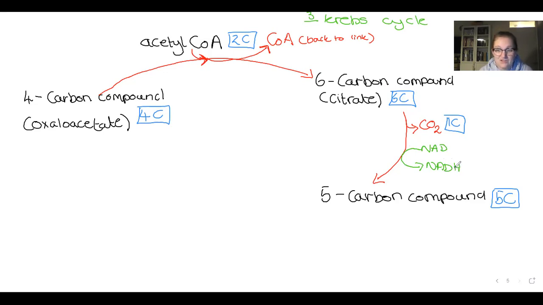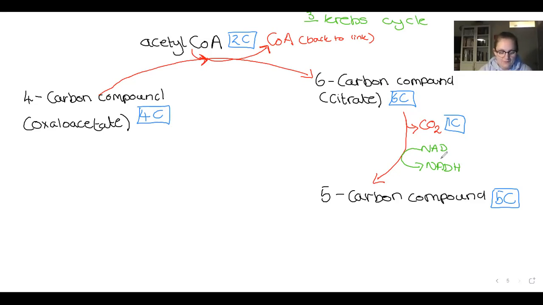Okay, this is really important because we're going to use that reduced NADH again later. So the 6-carbon compound is decarboxylated, so we can get the 5-carbon compound. It also goes through dehydrogenation, so that hydrogen is removed. The hydrogen is used to produce reduced NAD from that. Okay.